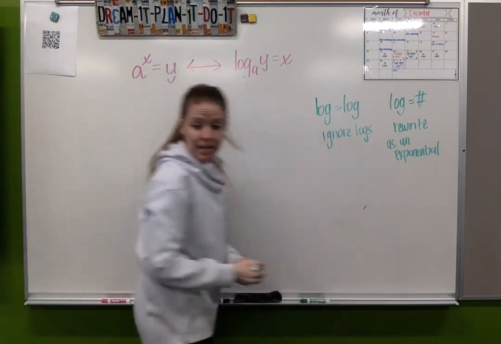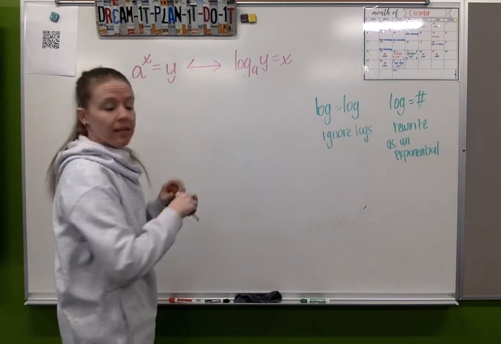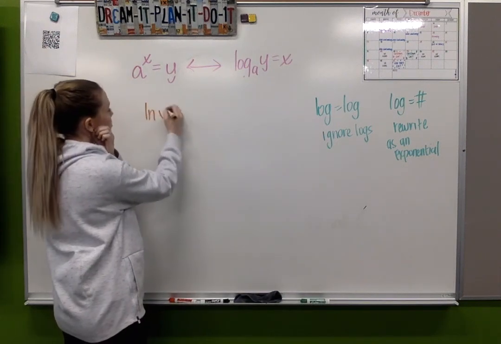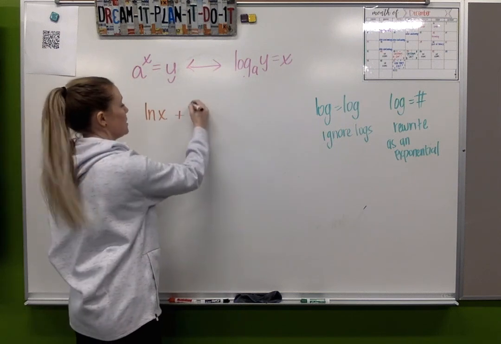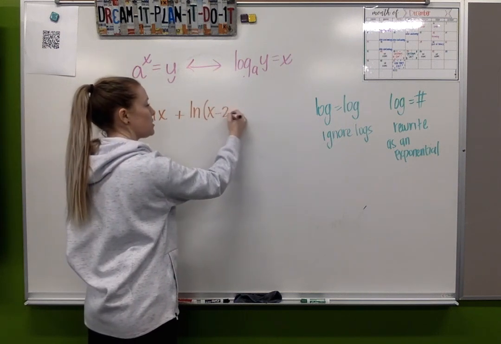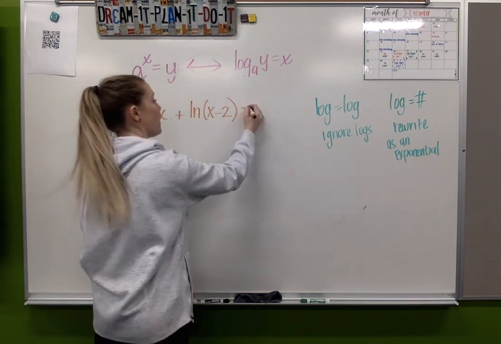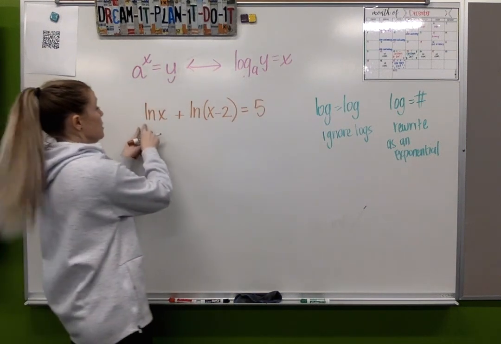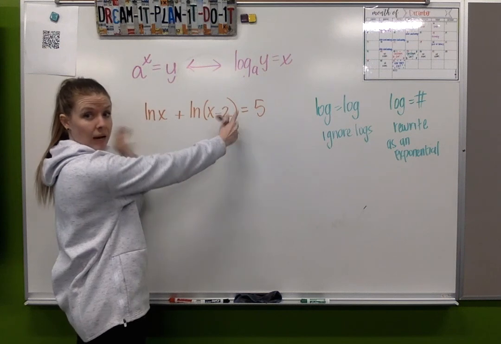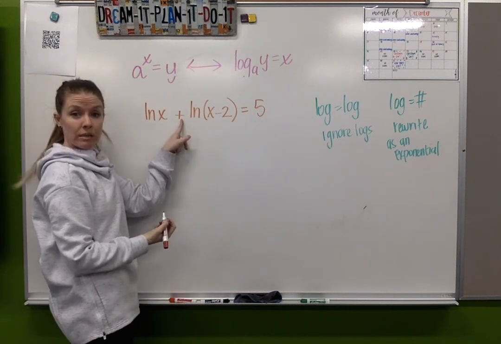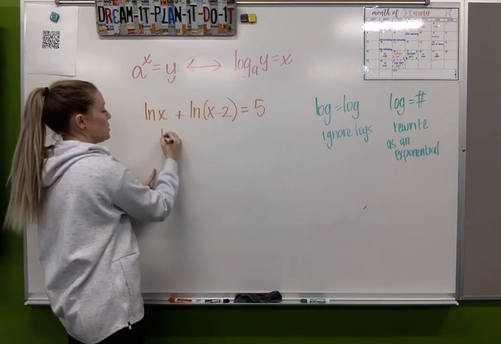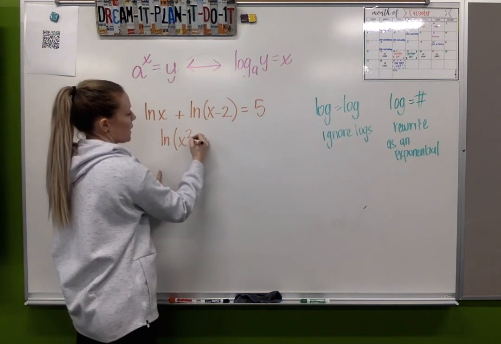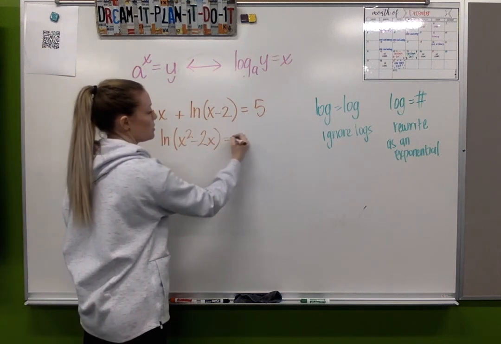So, my last example is going to be the natural log of x plus the natural log of x minus 2 equals 5. All right. So I have 2 logs. I'm going to condense them together using multiplication. So this becomes the natural log of x squared minus 2x equals 5.